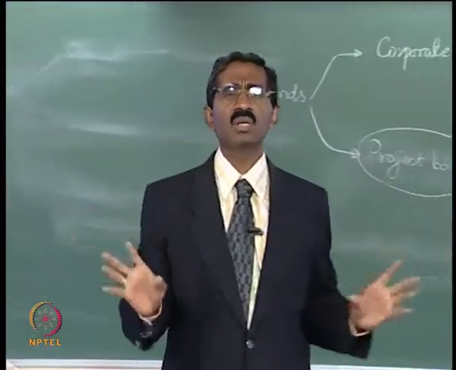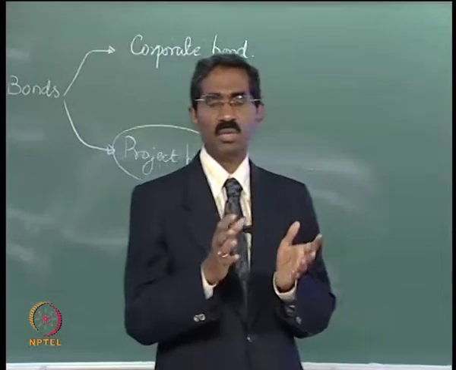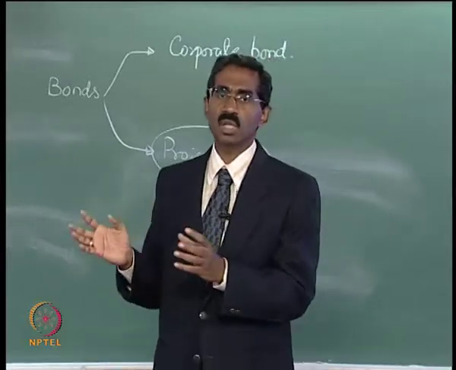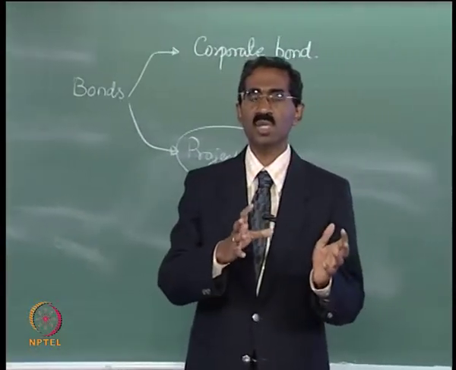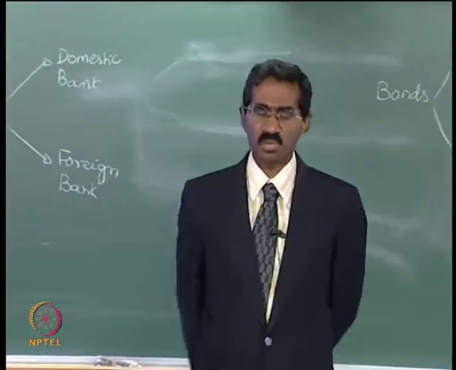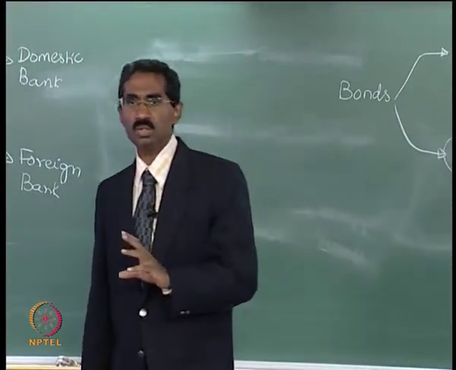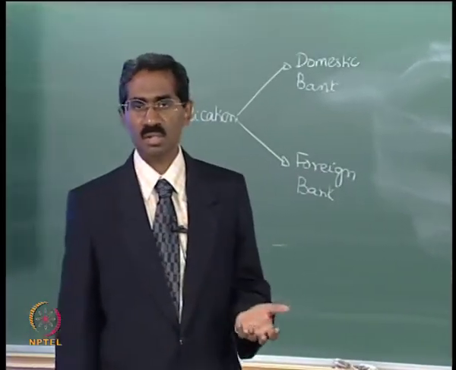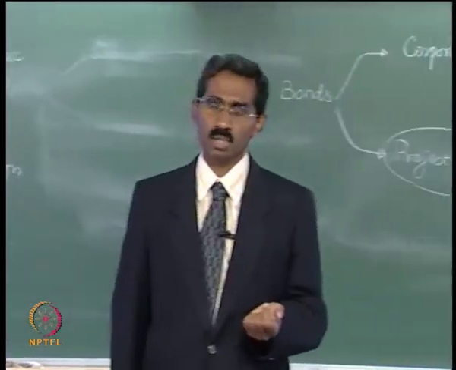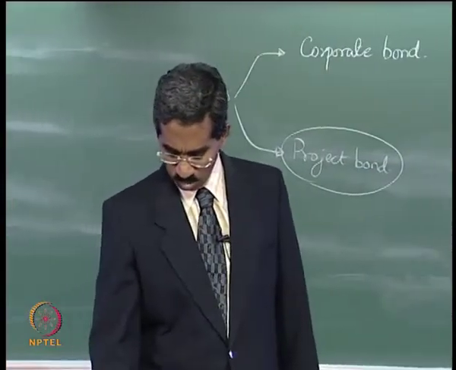So there can be several different dedicated revenue sources, and one can identify specific revenue streams and dedicate them to the investors in the particular bond issue. The cash flows from these dedicated revenue streams can be used to service the investors in the bond issue. So there are different types of categories. The project revenue bonds that we see are very similar to the project bonds we have today, except in this case they are issued by the municipality, whereas project bonds today are issued by specific project companies to finance their projects.